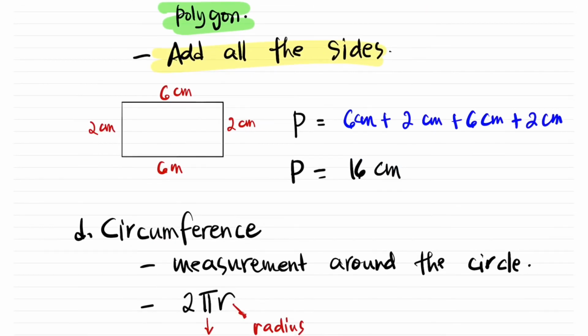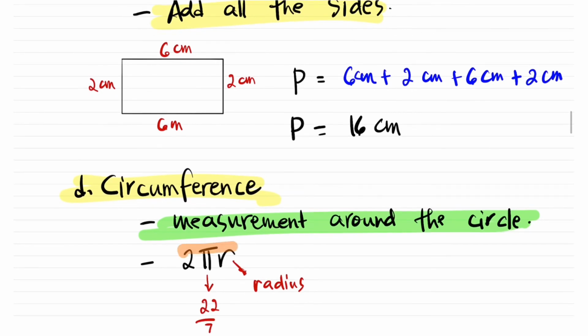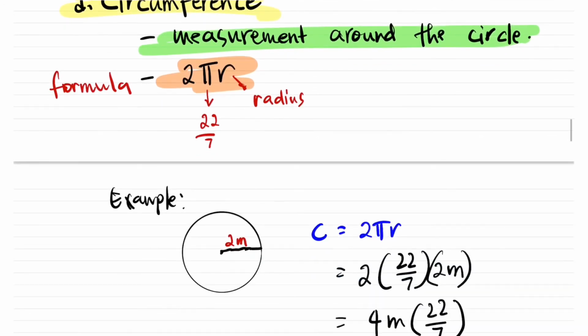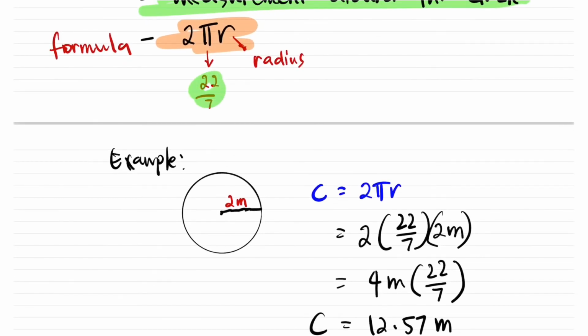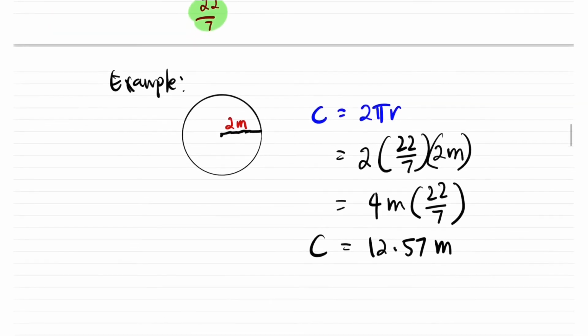Now the last one would be circumference. It is the measurement around the circle, and the formula is 2 pi r. Again, we are using the value of pi as 22 over 7.